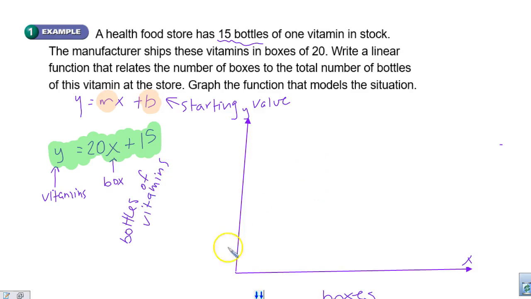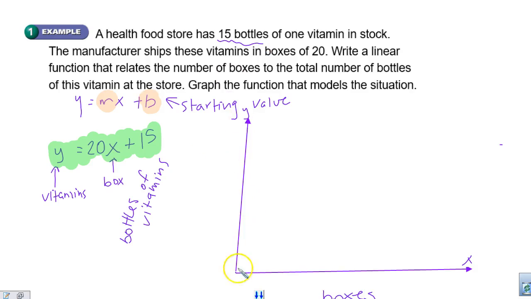And before I start labeling my x and my y-axis, I want to think about what my y-intercept is, and I want to think about what my slope is. Because whatever increments or intervals I increase or decrease by, I want it to be easy to use with my y-intercept. So what's your y-intercept? 15, right? So we're going to have to plot a point at 15.